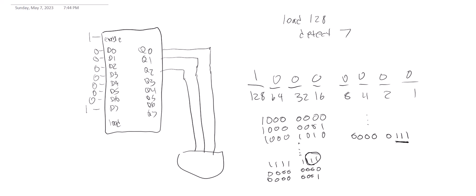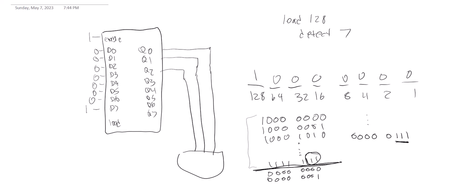But one thing you will notice is that up until here, if we started at 128, we always had a 1 in this first position. So all the first half, the first from 128 to 255, all of those have a 1 in that position.